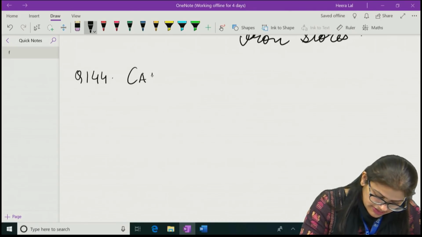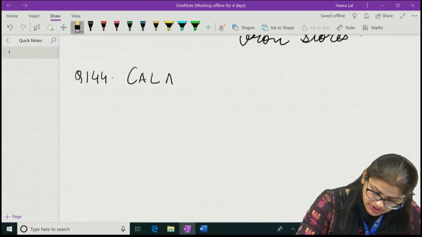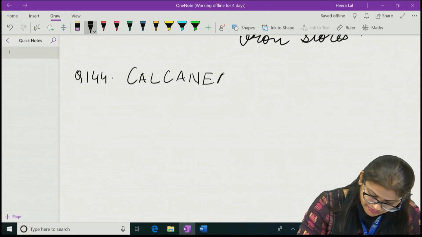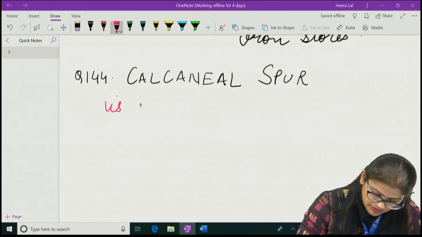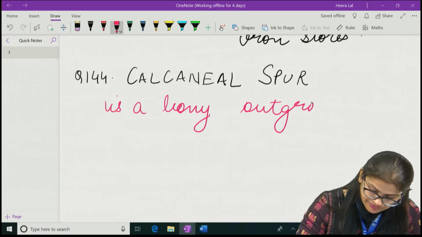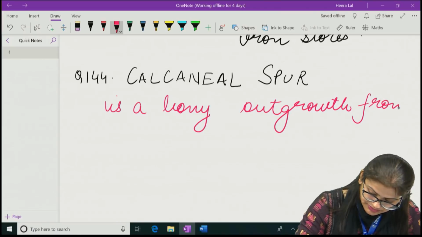Well, a calcaneal spur is a bony growth, a bony outgrowth from the calcaneal tuberosity.